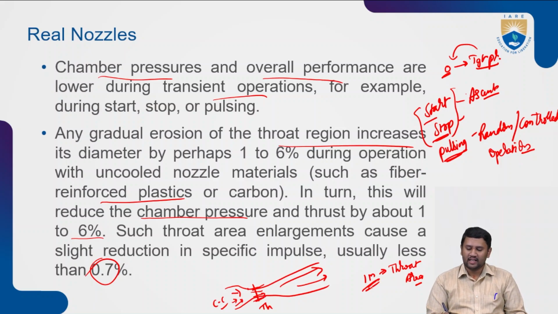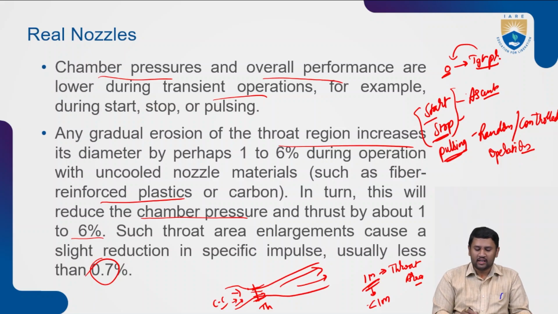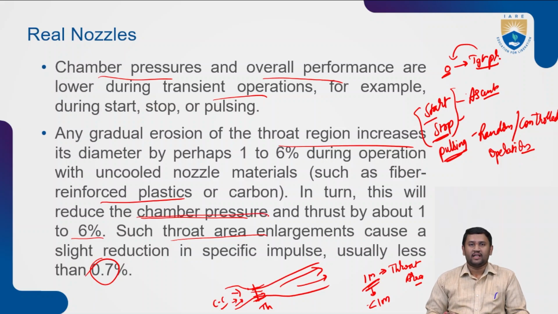Initially, for 1 meter, it might increase to anything greater than 1 meter, although it might be in the 1 to 6% range, but this increase in throat area will reduce the chamber pressure, which reduces the chamber pressure as well as the thrust that is being generated.